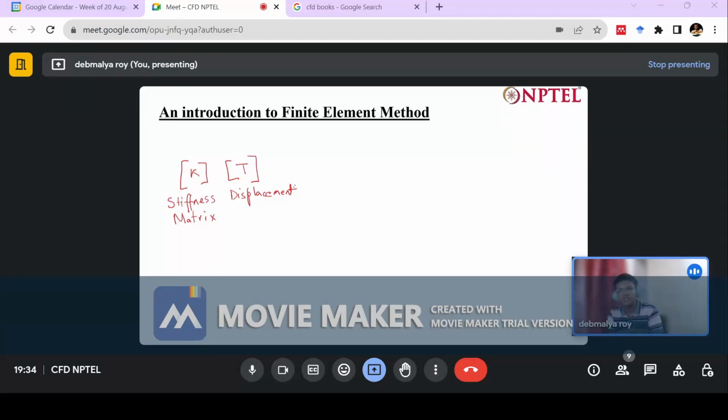So similarly, this is called a displacement vector, and this is equal to an F, which is a force vector. Plus you have a very nice column vector where you have this, and all the zeros in between, and at the last node, let's say the nth node, you have this plus.